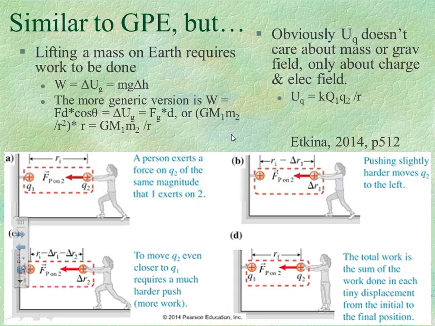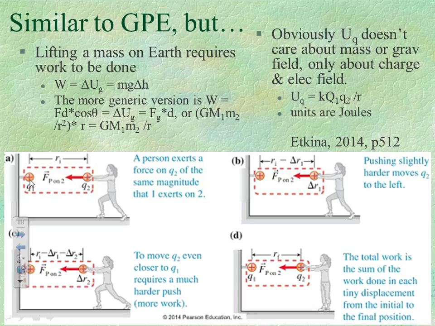UQ does not care about mass. It does not care about gravitational field. It does care about charge, and it does care about electrical field. As I mentioned, the units are joules. Imagine here we have this person with a really largely charged object, and we're bringing it closer and closer.